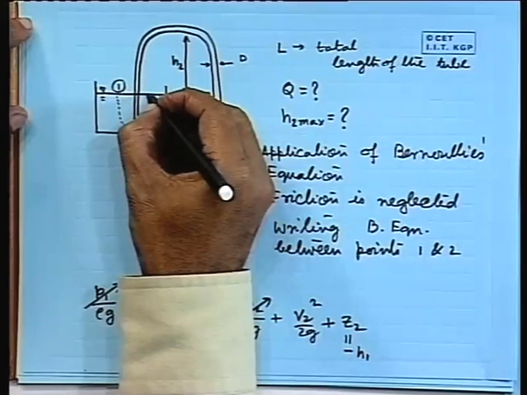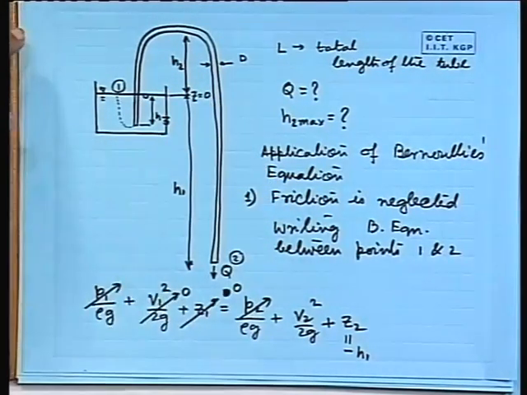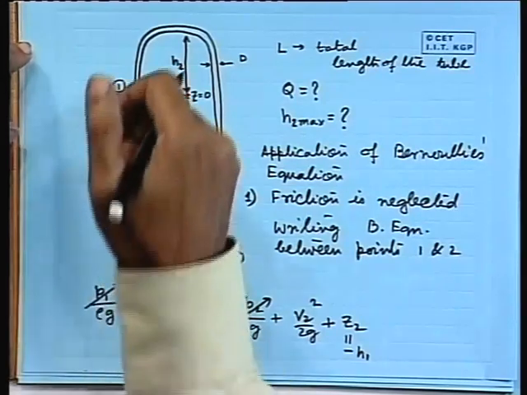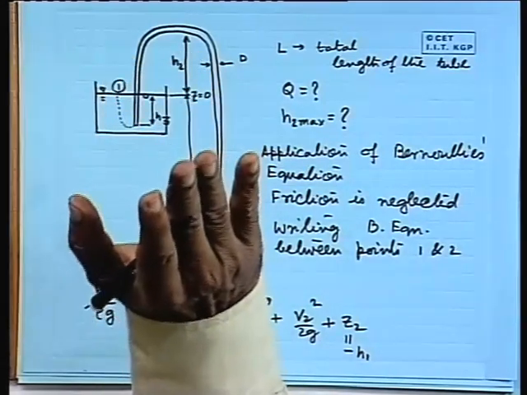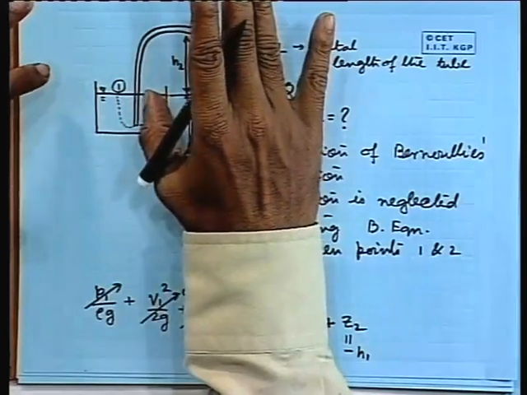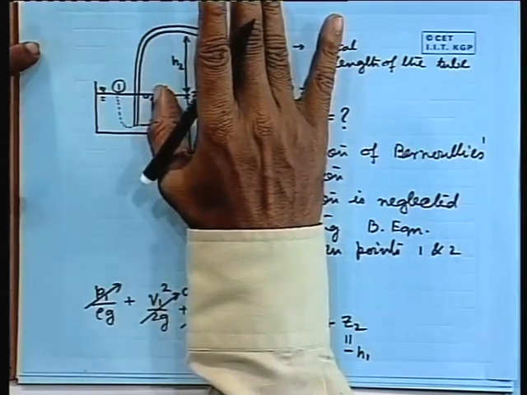Well, let me see this figure once again. So basically, let us say this is a fluid particle, and let us take an analogy of solid mechanics. This fluid particle is at stationary condition, so it will have a potential energy compared to this datum plane.